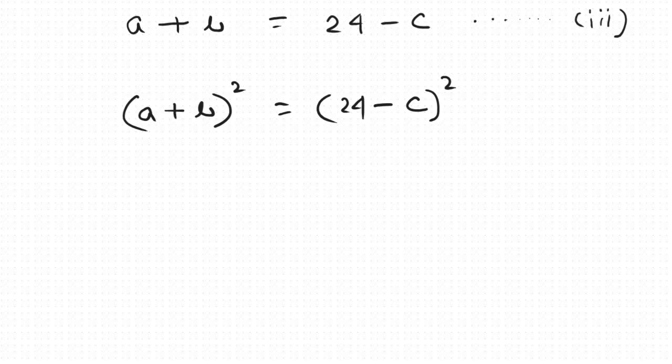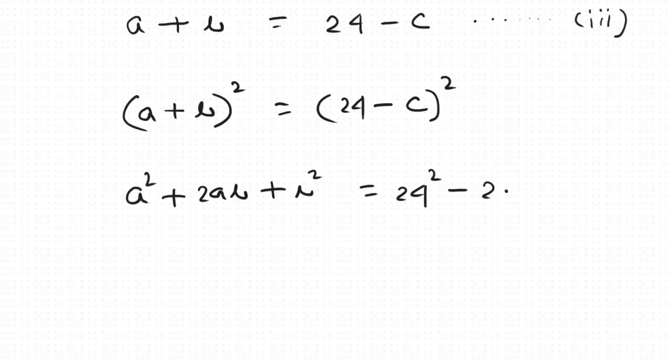Then we can write A square plus 2AB plus B square equals 24 square minus 2 into 24 into C plus C square.